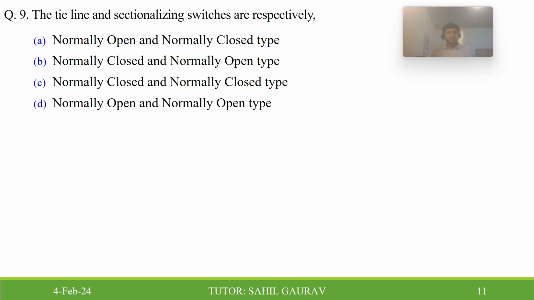So you have two options right now, A and D: normally open and normally closed, or both normally open. I will discuss the working of both switches. Both are very important. D option is correct, normally open, normally open? No, all answers given are incorrect. A is correct. Actually, I have no idea about that, sir. Yeah, no problem.